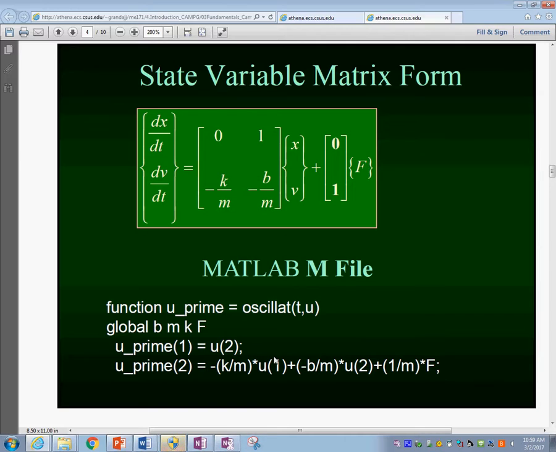In state space form, you have that the derivatives are on the left hand side, and then there is a matrix here, which is the A matrix. And then you see that vector where you see X and V. That's called the state variable vector. And then you have a vector of inputs. So that's where you have F.